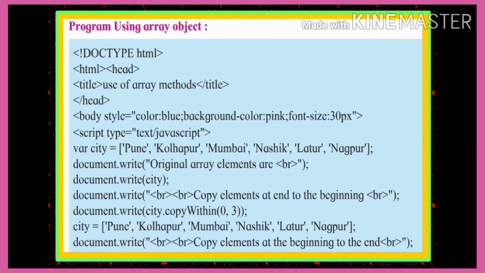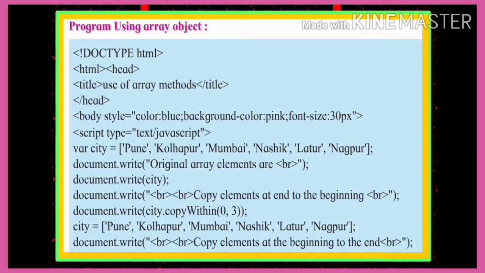It copies array elements within the array to and from a specified position. So here the target is 0 and the start is 3. So it copies the elements from position 0, 1, 2 from the third position elements: 3rd, 4th and 5th.